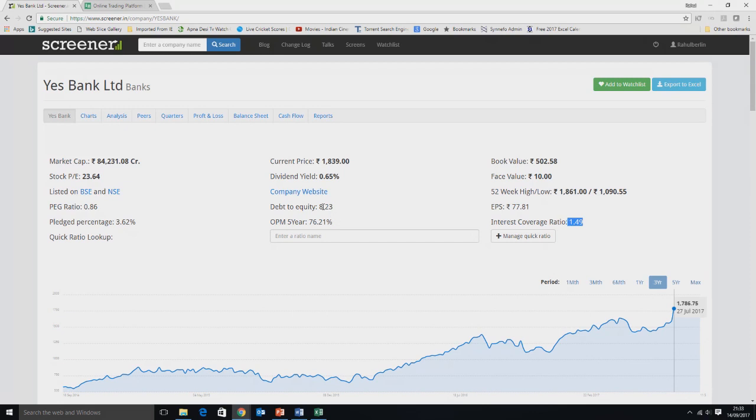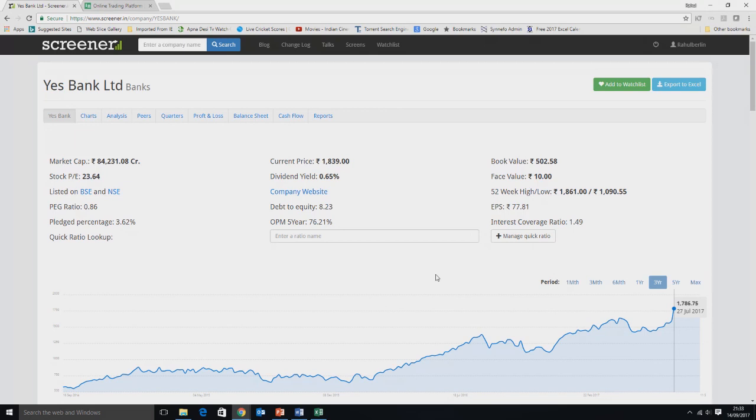You know what? Why were these figures very good for Yes Bank before it reached this price? When I started analyzing Yes Bank, I estimated the fair value of Yes Bank to be something around 1500. And as soon as it crossed its fair value, which is 1500, you see its PEG has increased, and accordingly their liability, this debt to equity, has increased, and the interest coverage ratio has decreased.